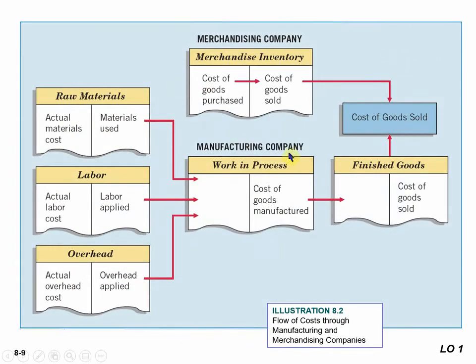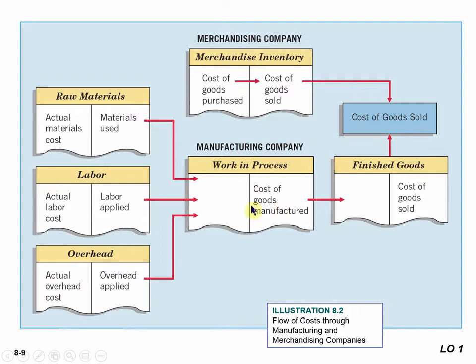If we have a look at a manufacturing company, the costs of raw materials, labor and overhead will flow and become part of the cost of work in process, which is a type of inventory.